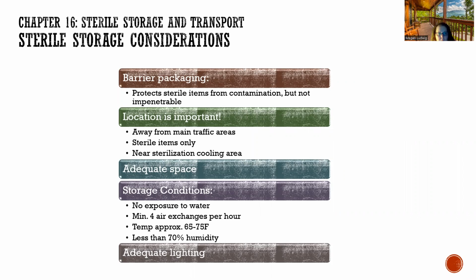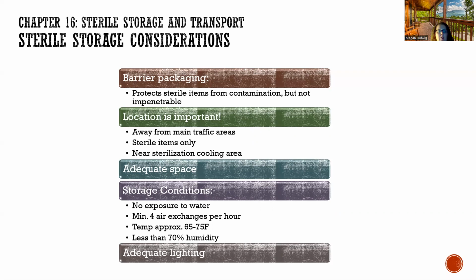Location is important. The place in which we store sterile supplies needs to be away from main traffic areas. That's going to prevent accidental contamination or running into something and possibly tearing it. Sterile items only, so you keep clean and dirty separate.